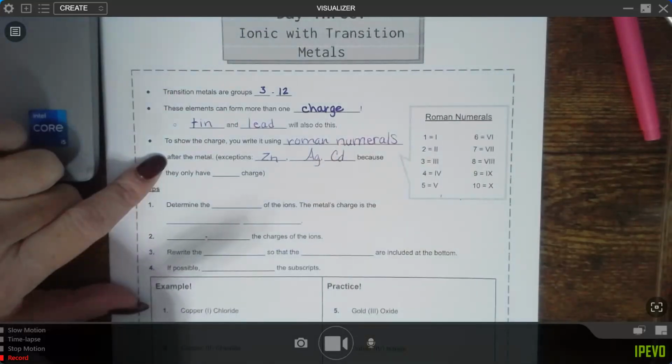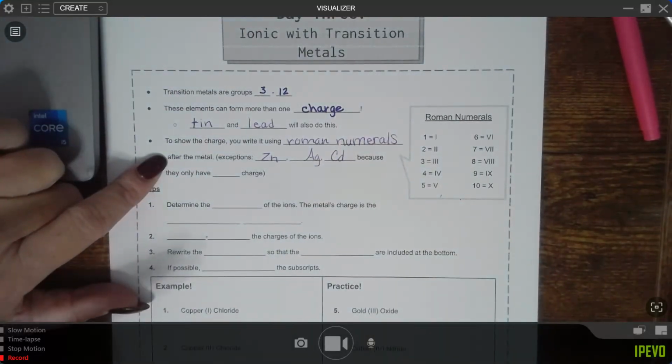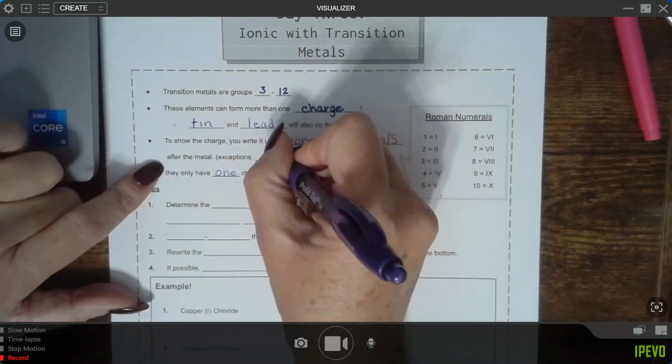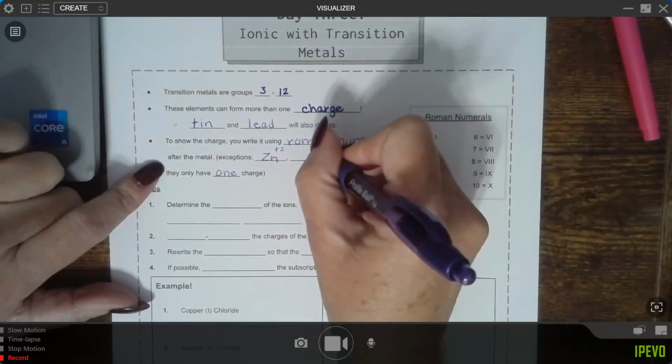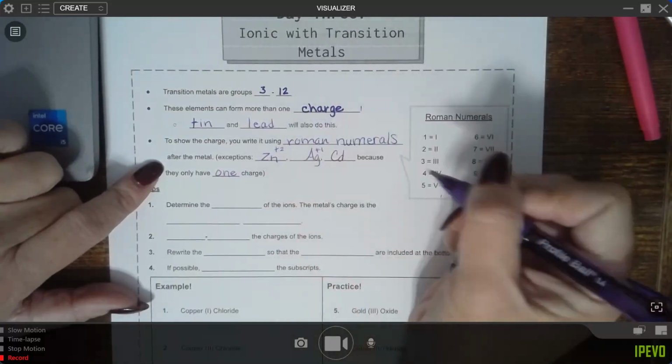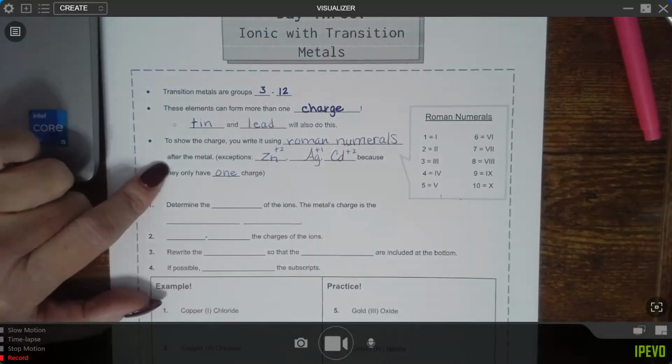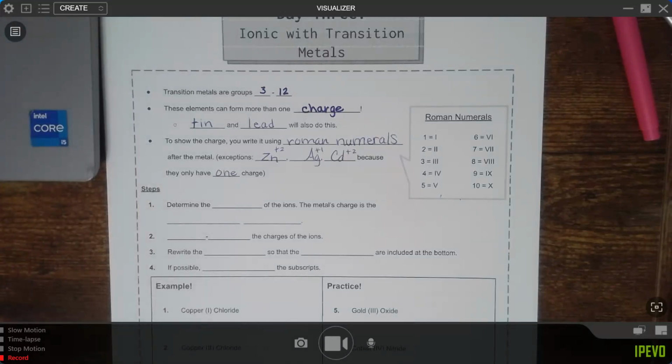They can only have one charge. Zinc forms a +2 ion, silver forms a +1 ion, and cadmium forms a +2 ion. So you'll need to remember those. For the rest, we will talk about how to figure out the formula from the name.